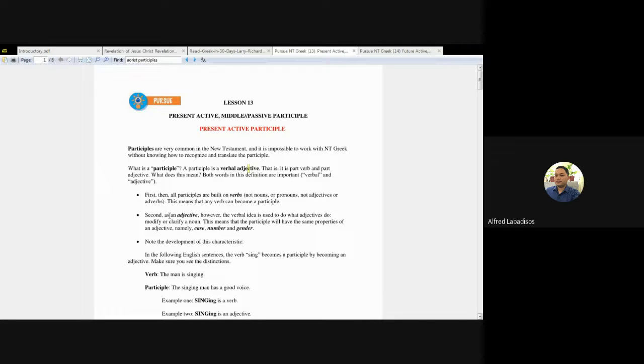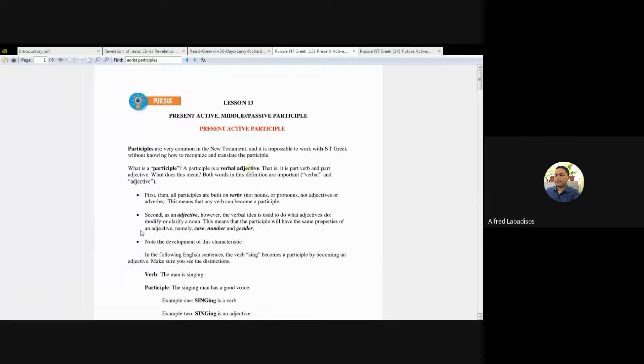The second, as an adjective, however, the verbal idea is used to do what adjectives do. So what is the function of adjectives? Adjectives are modifiers. They modify a noun, or sometimes they function as an independent noun, or sometimes they could be used as a predicate.